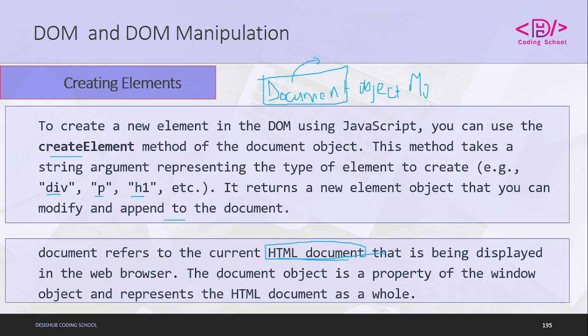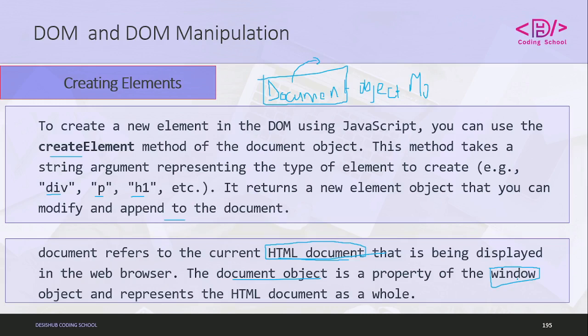Okay, the document object is a property of the window object. So now we have a second term, which is the window object. Don't worry about it, we are going to keep on breaking them down. We are saying the document object is a property of the window object.